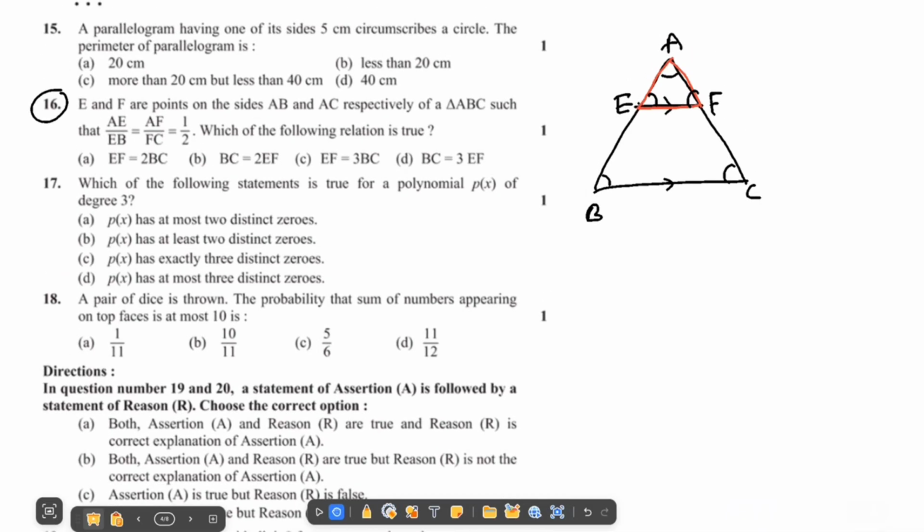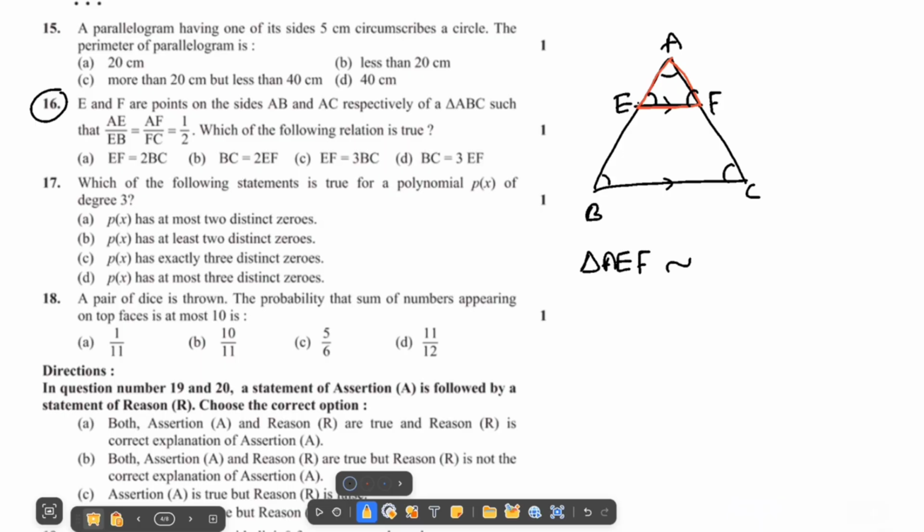Right. So when the triangles are similar, let's write the similarity. Triangle AEF is similar to triangle ABC. In the options, the relation between the EF side and the BC side is given: EF is equal to 2BC, BC is equal to 2EF, EF is equal to 3BC, BC is equal to 3EF.